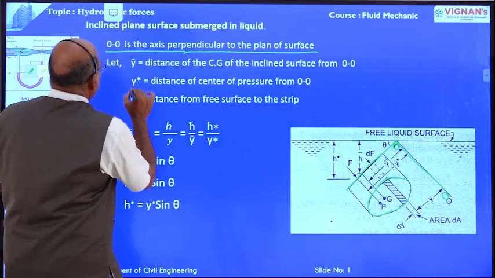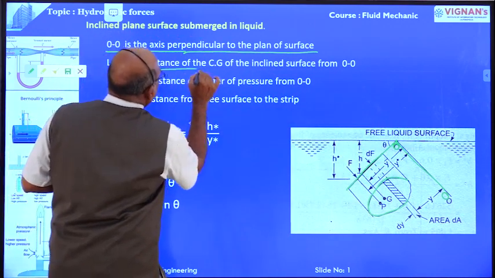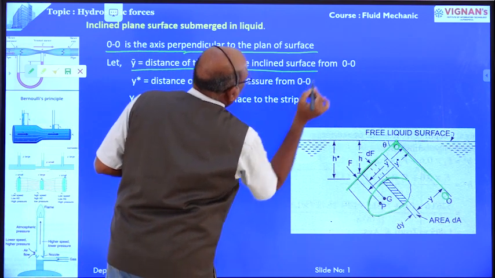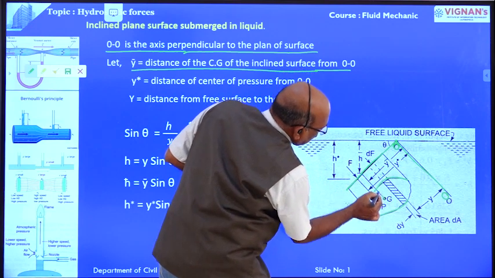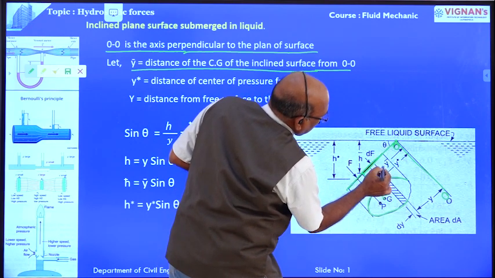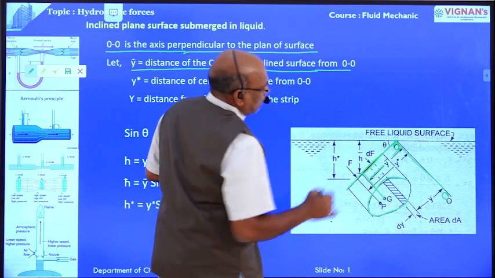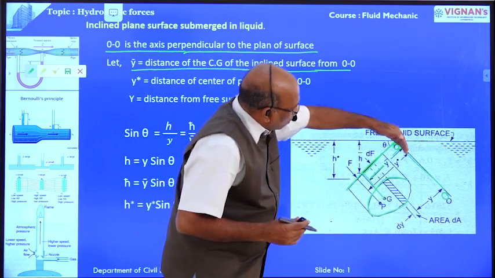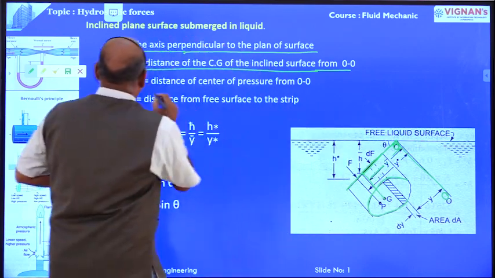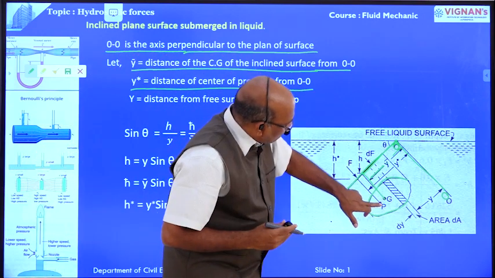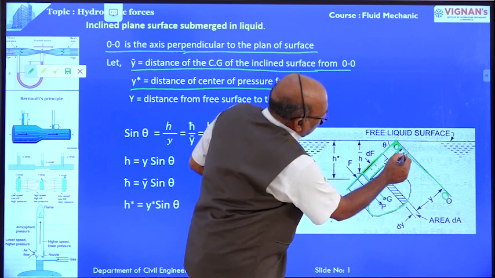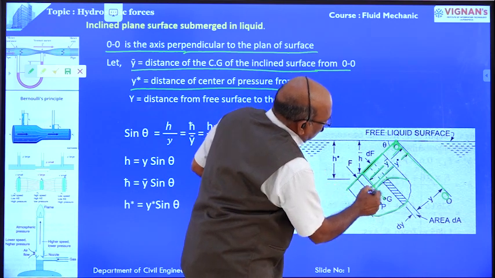Next point: y bar is the distance of the CG of the inclined surface from O, O. Y star is the distance of the center of pressure from O, O.